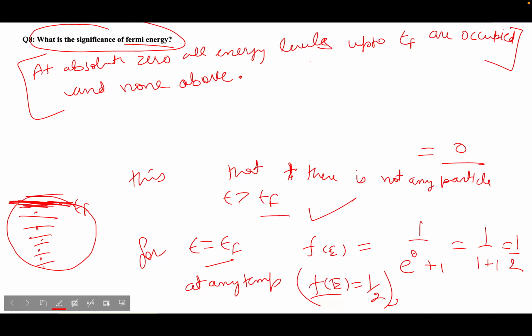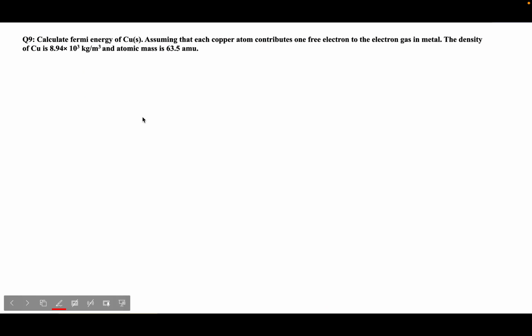Now the question number 9. This is for Fermi gas. The question is: calculate the Fermi energy of copper solid, assuming that each copper atom contributes one free electron to the electron gas in metal.